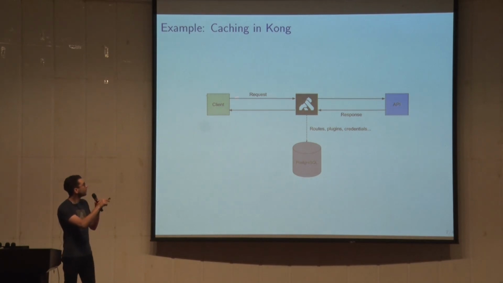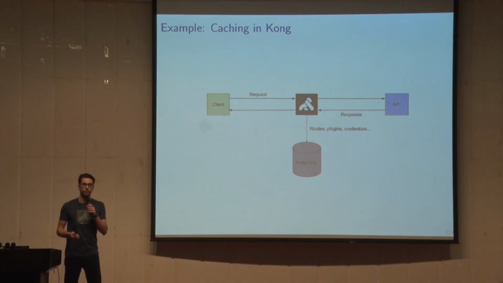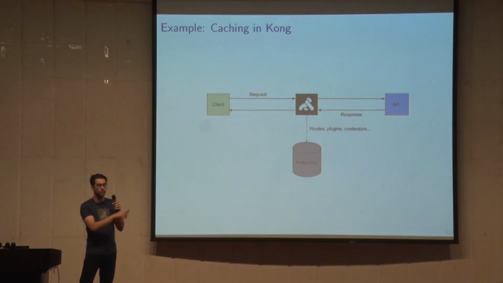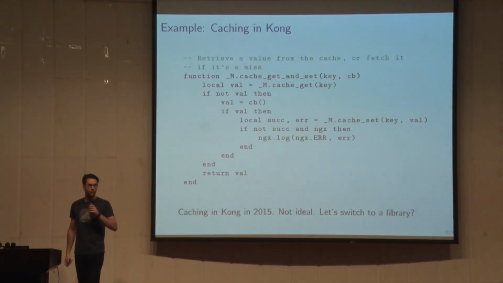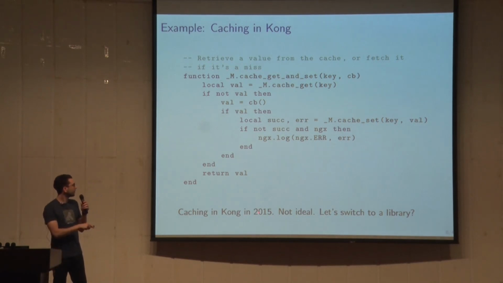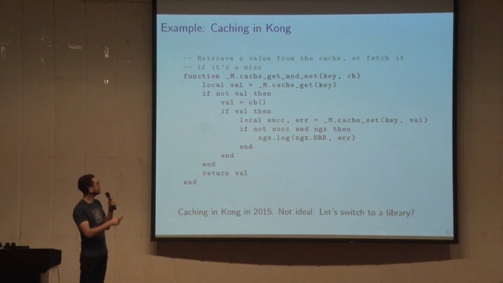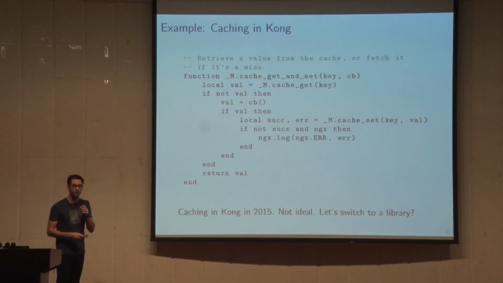But we don't want every request coming through Kong to have to hit the database. That would be terrible. So here is the caching in Kong specifically, and probably in a lot of your applications out there too. In 2015, this is what caching used to look like in Kong.